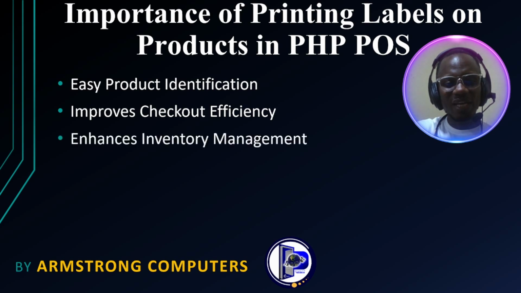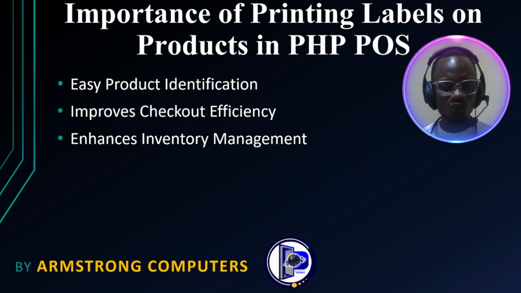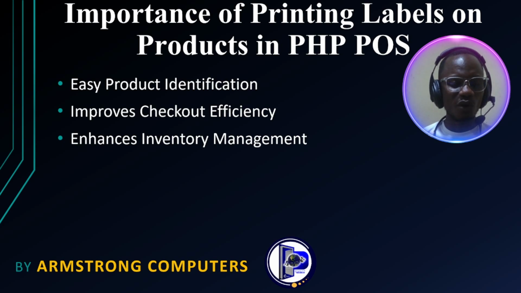The third one I'd like us to look at is easy inventory management. This simply means that let's assume you've printed some labels onto these products, and you want to take stock.